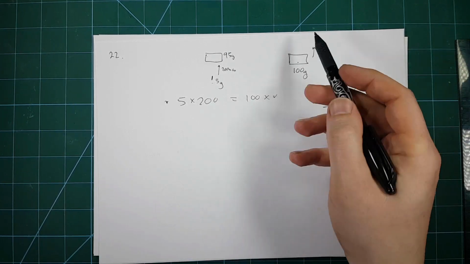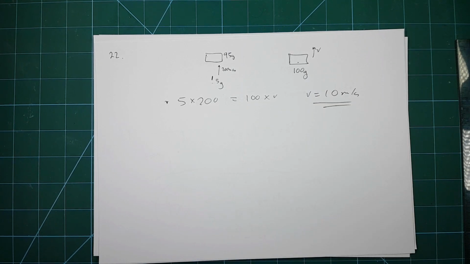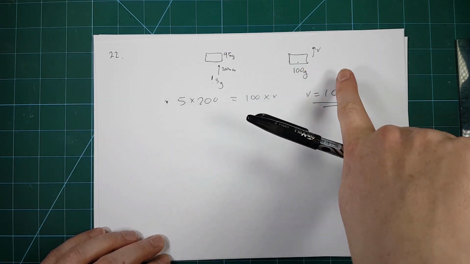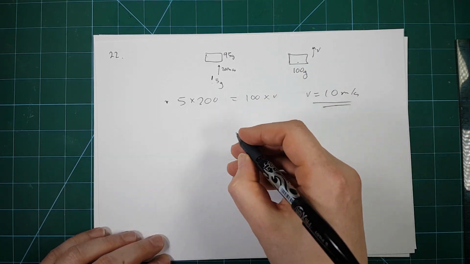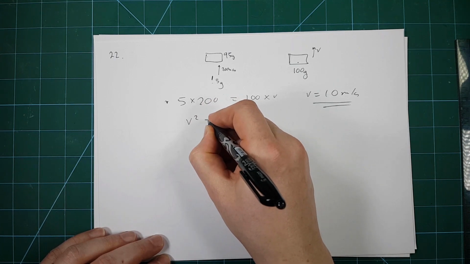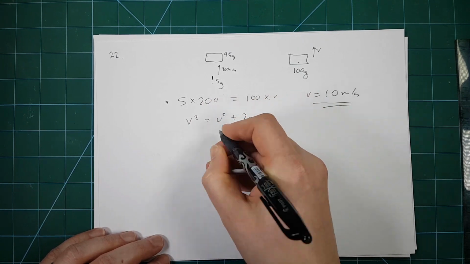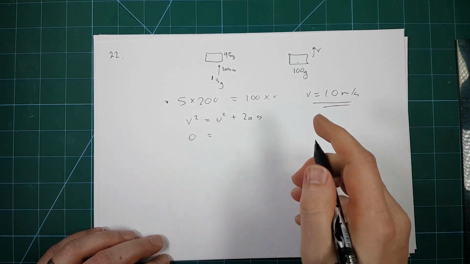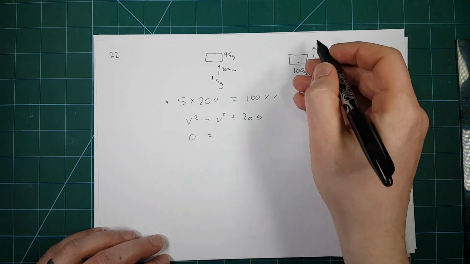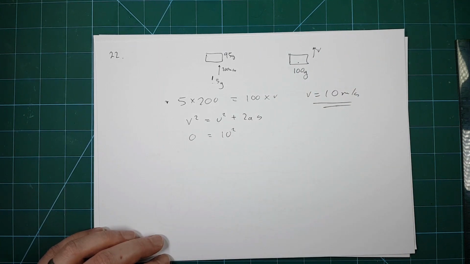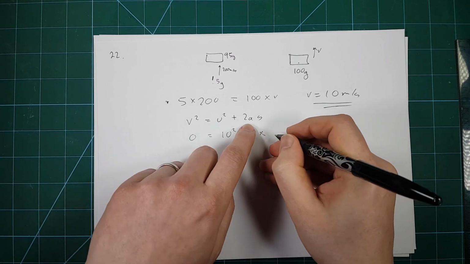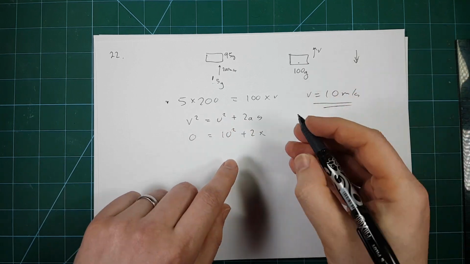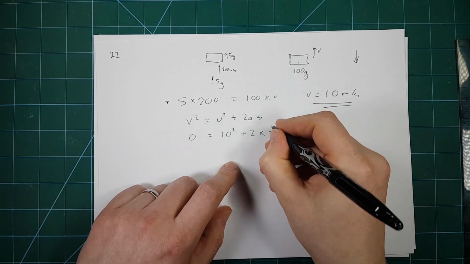Right, so we know that the block is moving up at 10 meters per second to start with, but that's not what we're after. We're after the height that it can reach, so we need to use some suvat. v squared is equal to u squared plus 2as. So v squared is 0, that's the final velocity when it gets to the highest point. u squared will be 10 squared plus 2 times by the acceleration, which will be downwards, in the opposite direction to u, so it's negative 9.81.